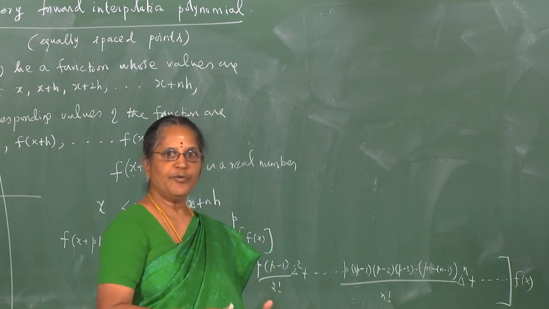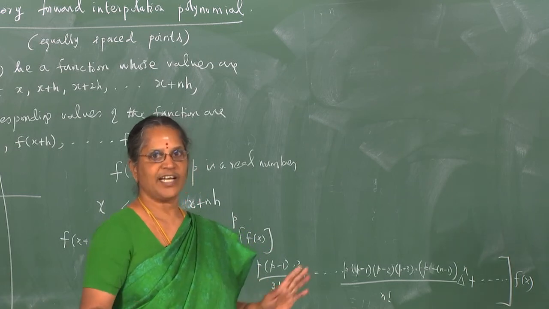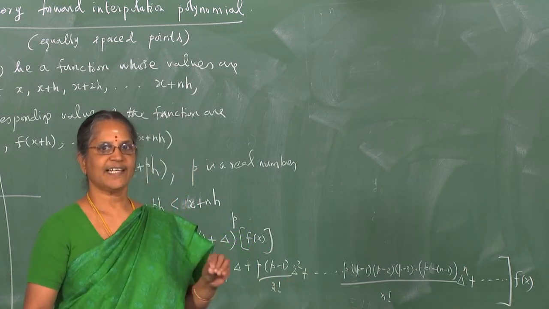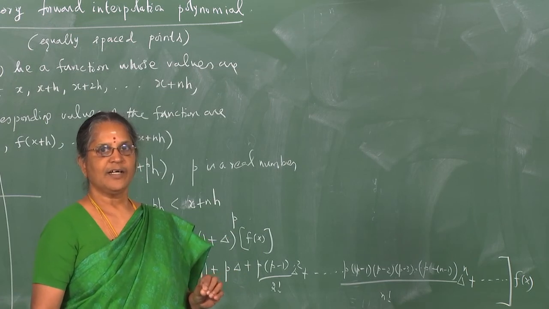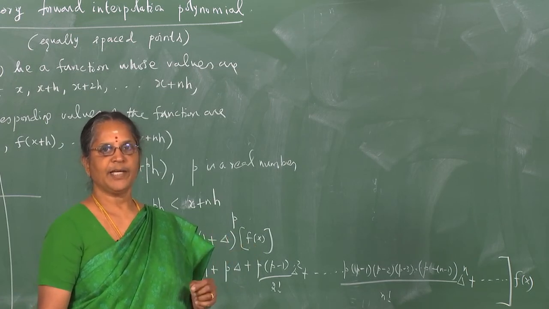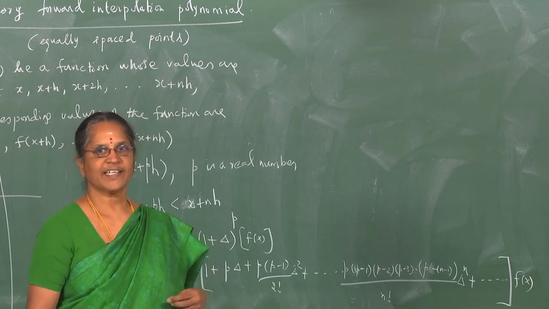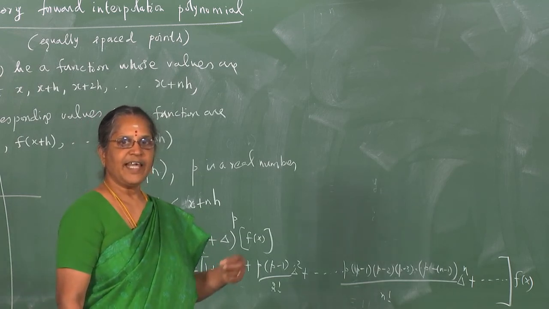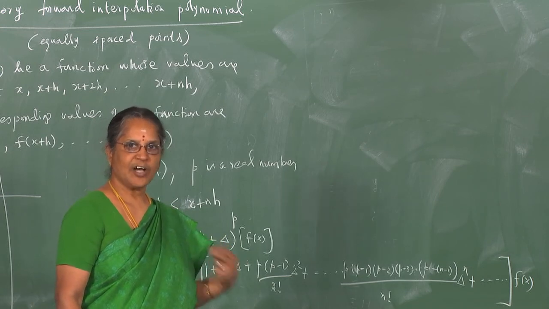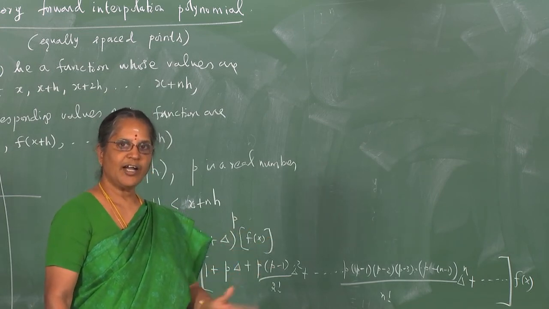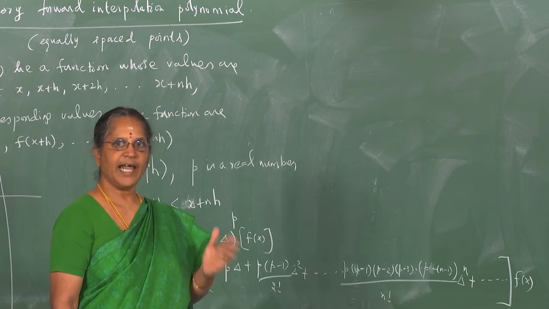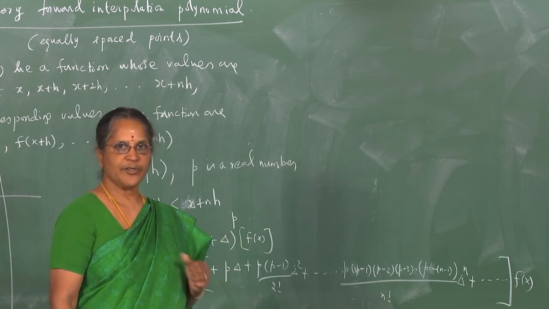So, we shall now prove that result in general, namely given a set of n plus 1 points, one can fit a polynomial of degree at most n, namely Pn of x, and the nth order forward difference is constant and higher order forward differences beyond n plus 1 are all 0.